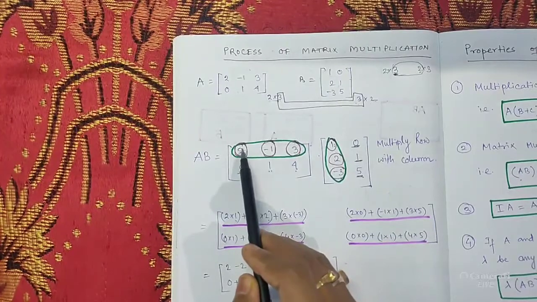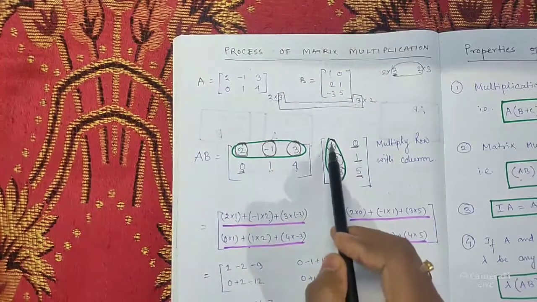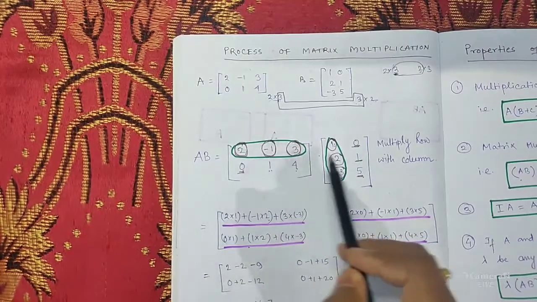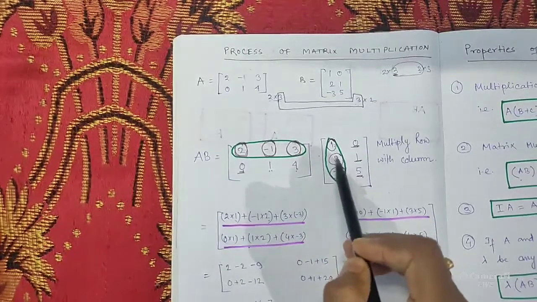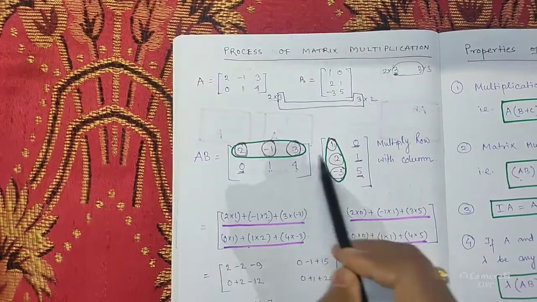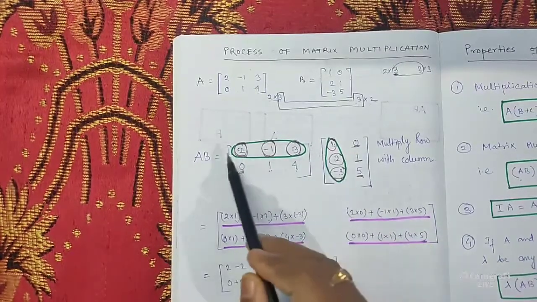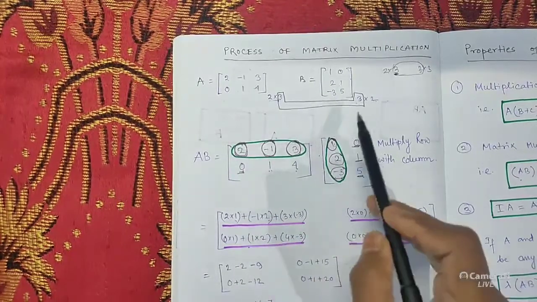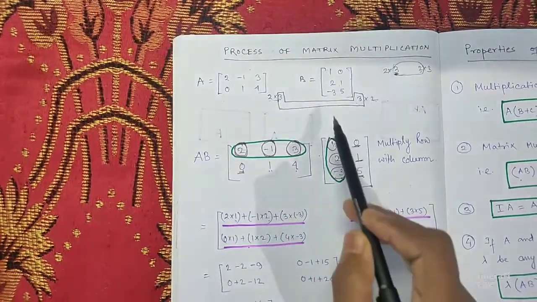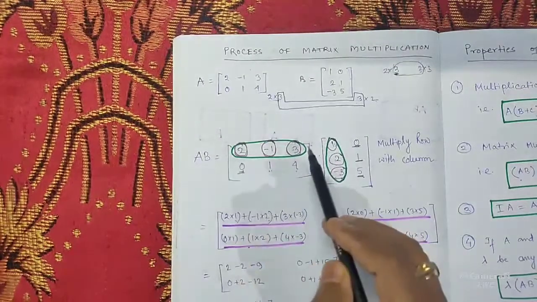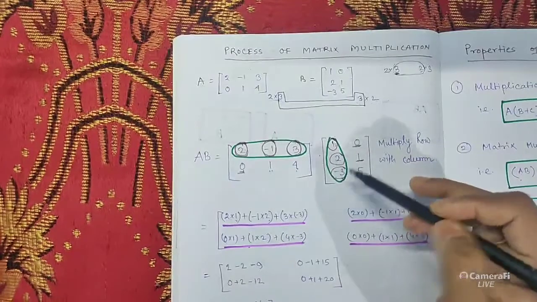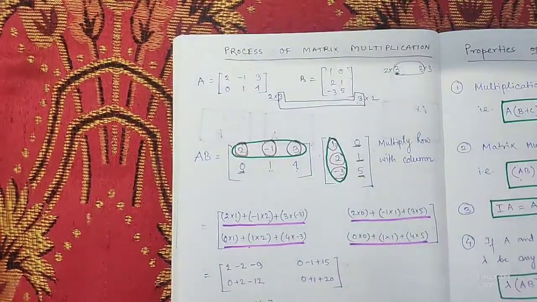First row first element into first column first element, plus first row second element into first column second element, plus first row third element into first column third element. First we take the row of the first matrix and the column of the second matrix, multiply the corresponding elements, then add.